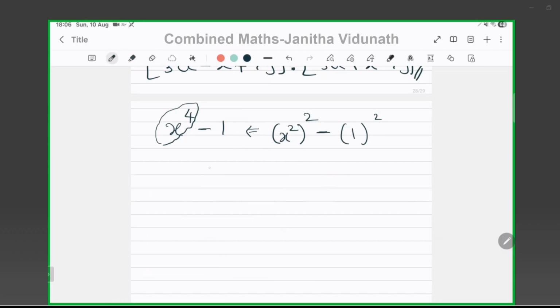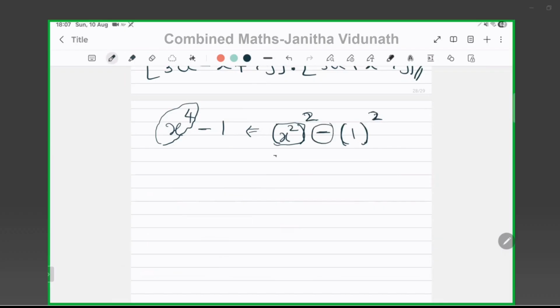We know that any power of 1 is 1. Then we can think 1 to the power 2 is 1, 1 to the power 4 is 1, 1 to the power 3 is 1, like that. Now we observe there is one term and we have its whole square, and there is another term and we have its whole square.